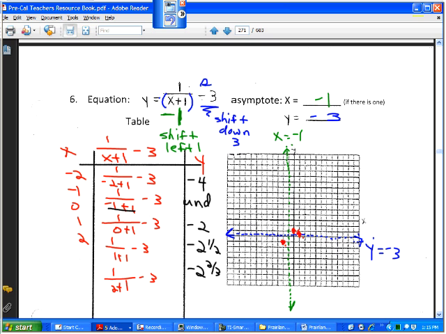Right inside there, right above that blue line. 2, negative 2 and 2/3, which is even closer to the blue line. So we're hugging the blue line. Most of those ended up on the top side. All right. So we need to choose some more points.